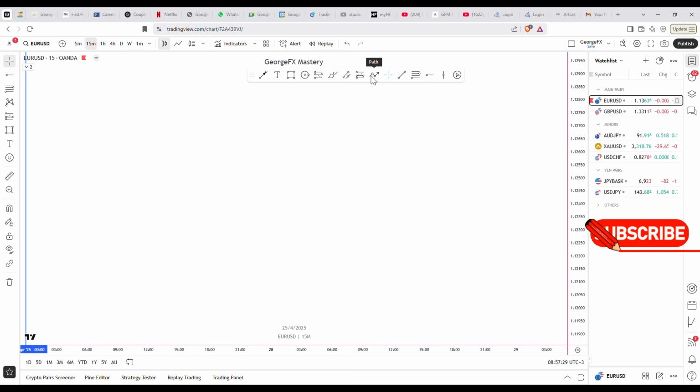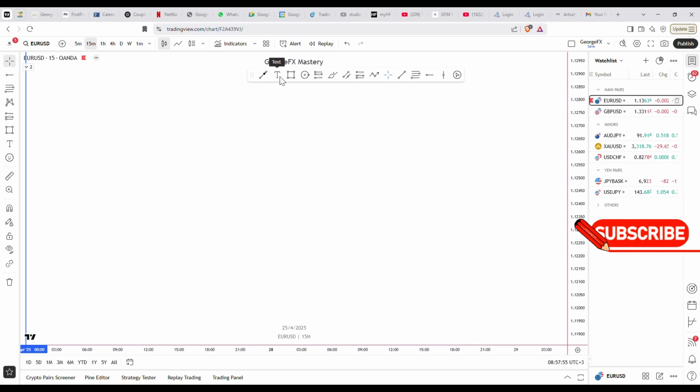So basically, the concept behind this is understanding the three major sessions. Specifically, we're going to be trading two major sessions, the Asian session and the London session. Of course, there are three major sessions. There is the Asian session, which basically covers Sydney and Tokyo, and then we have London and then the New York session.